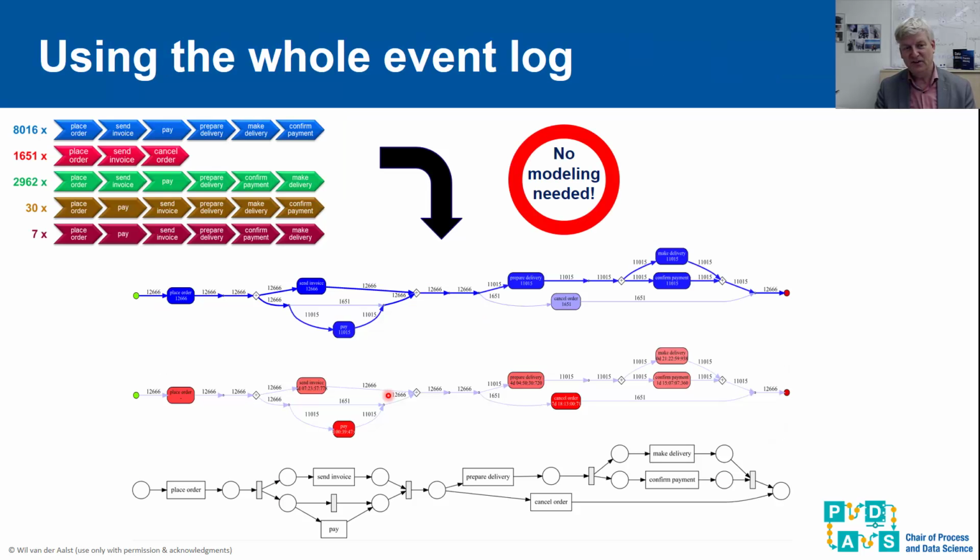So using such data, as I mentioned before, for some people that see this for the first time, the experience is similar to seeing snow for the first time. Using such very simple data that you can find everywhere, you can automatically generate process models.